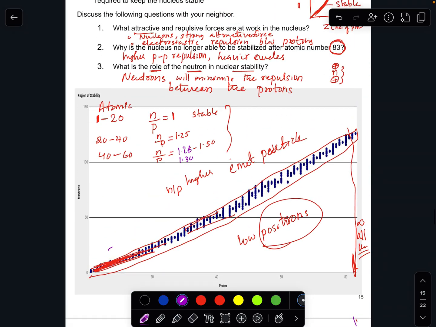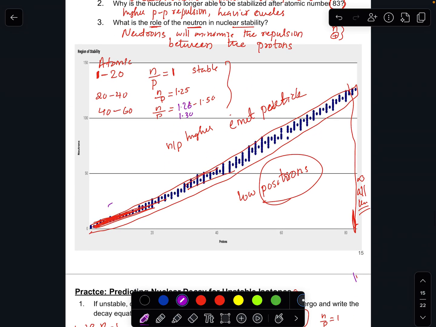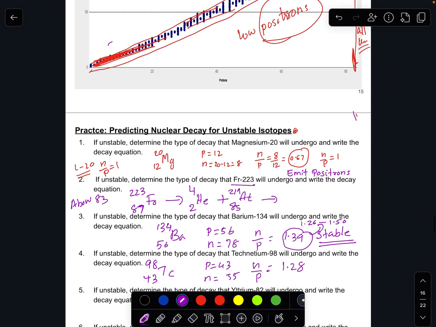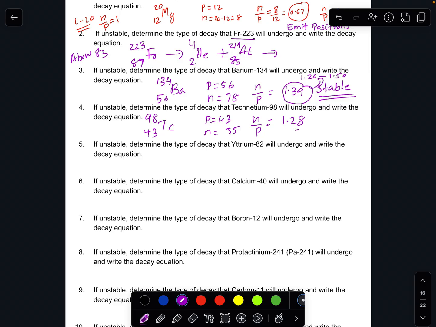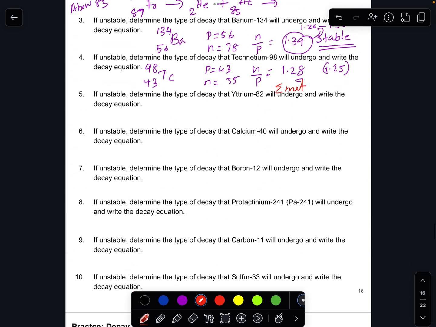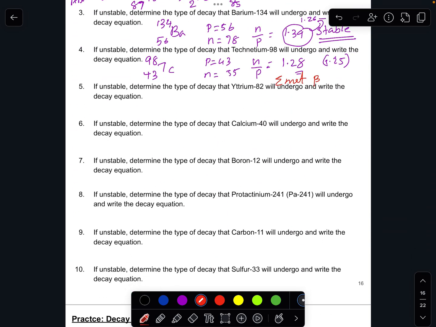We said for 20 to 40 it needs to be 1.25. So it is above that. If it is above, which side will it emit? It will emit a beta particle.